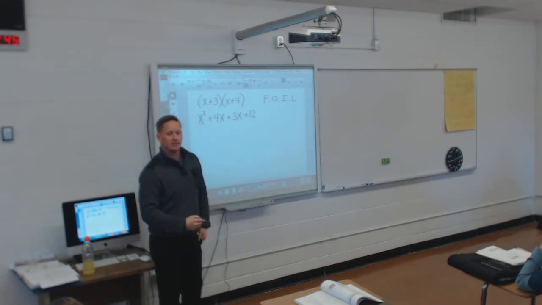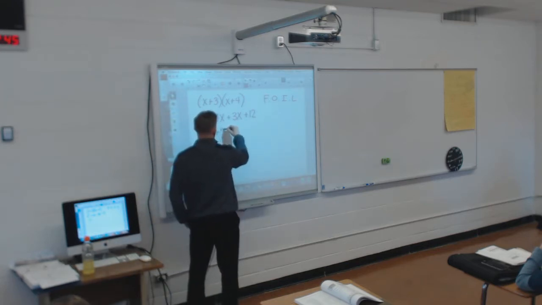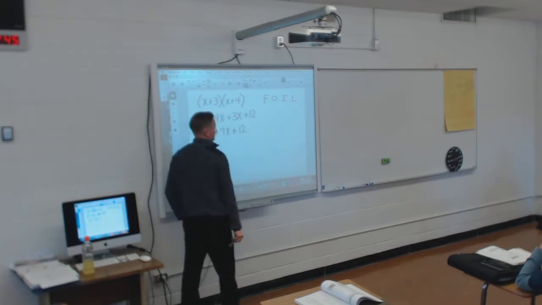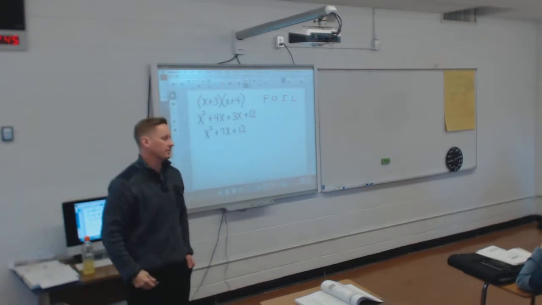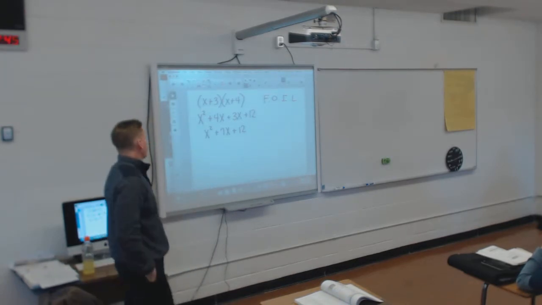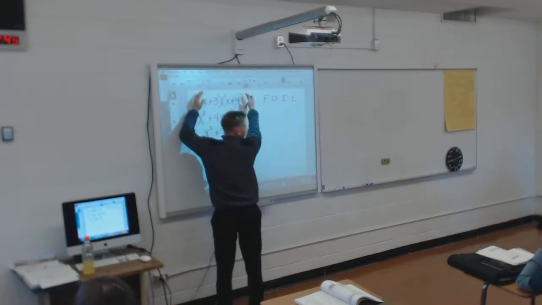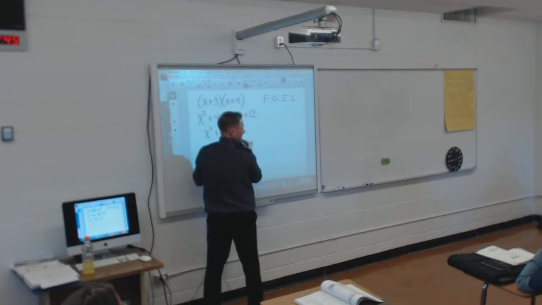Collect your like terms together. x squared plus 7x plus 12. My outsides are the outsides of the brackets, 4 times x. Insides, 3 times x. Last in each bracket, that's what that means.